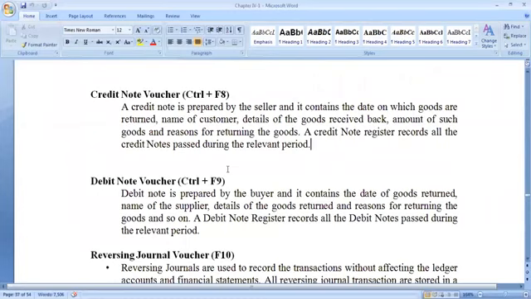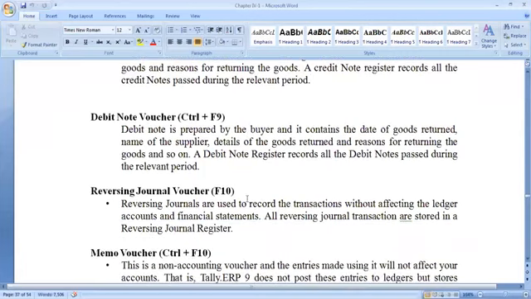Whenever goods bought on credit are returned to suppliers, or sundry creditors, it is recorded using the debit note voucher. So the debit note voucher is also called purchase returns, and the credit note voucher is called sales returns. Whenever goods are returned to the supplier, that information is recorded under the debit note voucher.